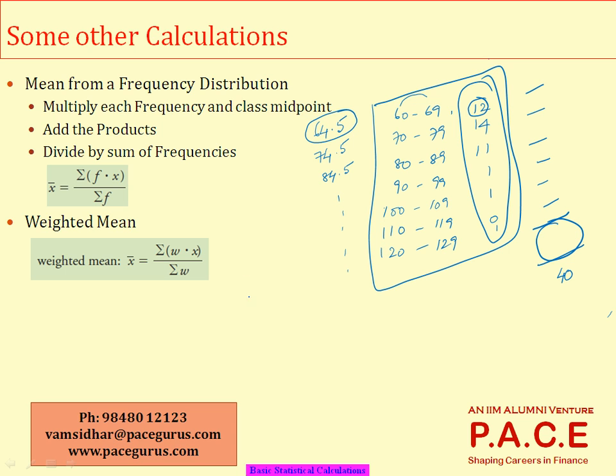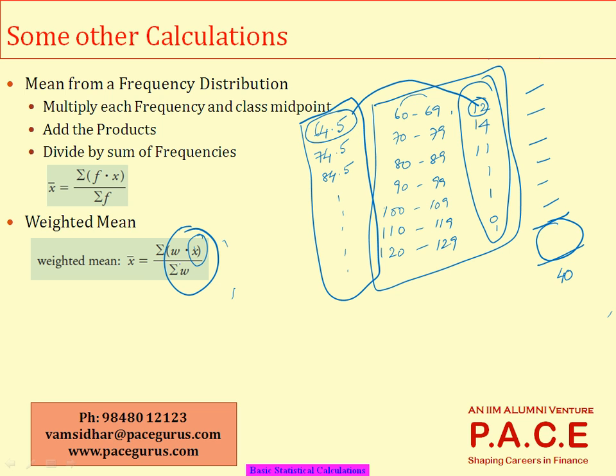And that is what we call the weighted average, weighted mean. What do we mean by weighted mean? I am not taking the mean of the midpoints directly. I am multiplying each midpoint by its corresponding frequency and dividing by the total sum of all the frequencies. Here also, if we see the expression, if I want to find the mean of x, I am not directly finding the mean of x.